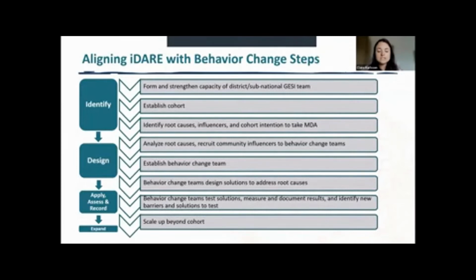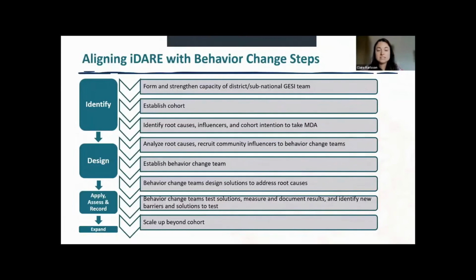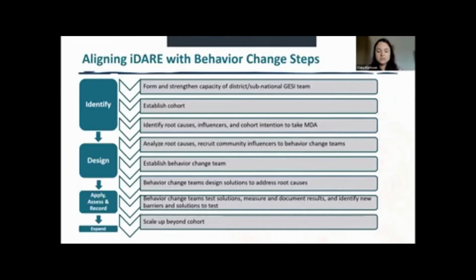We then support the district GESI team to conduct a root cause analysis with the selected community members in the cohort. The root cause analysis is used to identify barriers the community is facing and to validate or challenge previous assumptions that emerged from the GESI assessment. Next, we ask the community members in the cohort to identify influencers in their community.